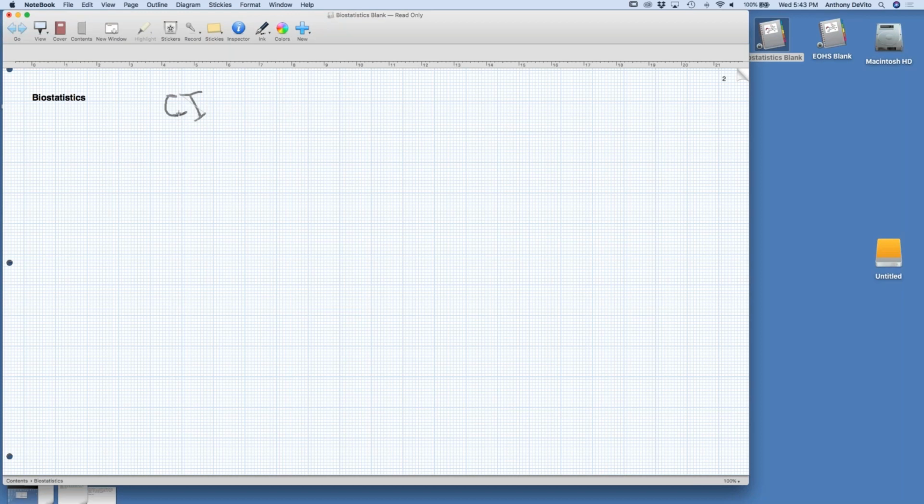Now, if we want to calculate a confidence interval, for instance, and we have a situation where we take a sample and the mean is equal to 100 and the sample size is equal to 64, right? And now let's say I told you that sigma, the standard deviation of the population, is equal to 10.